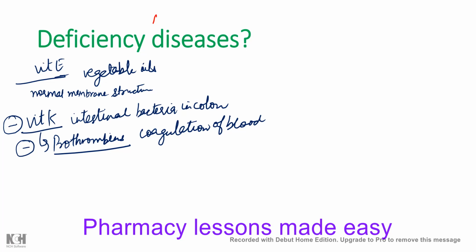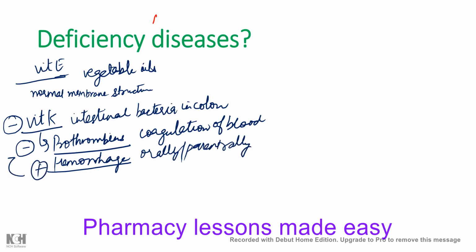Okay, so the treatment is when it is given either parenterally or oral route will be preferred to prevent hemorrhage. Otherwise, hemorrhage may take place. So you have to give it either orally or parenterally. Once it is given, prothrombin will be formed, right? So that will help in the coagulation of blood.